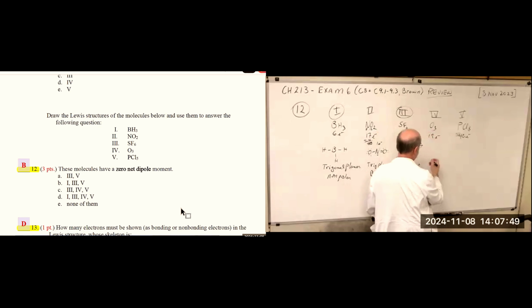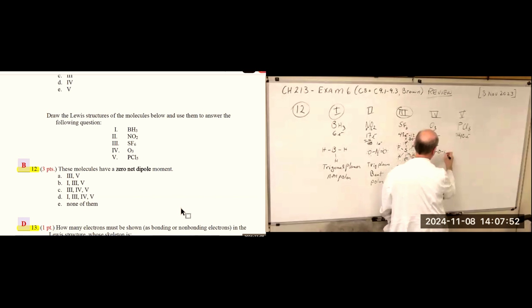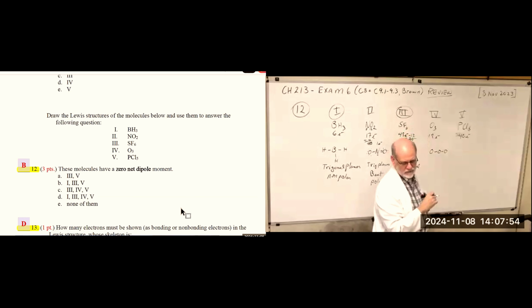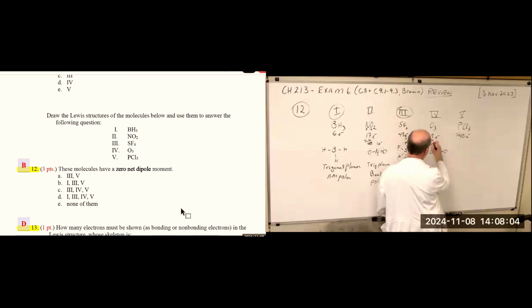Ozone. So O3. Which oxygen goes in the middle? Trick question. Take your pick. When you just have O3, it doesn't matter. So we have 18 minus 4 is 14. 2, 4, 6, 8, 10, 12, 14.